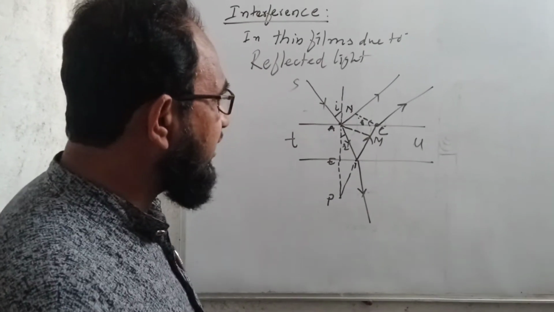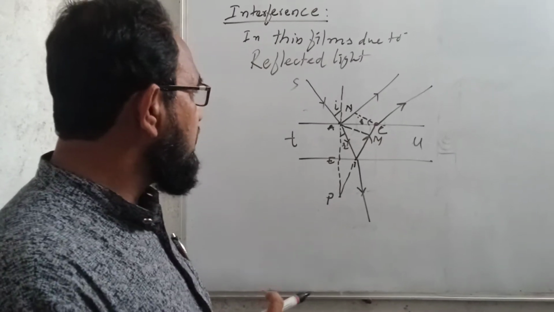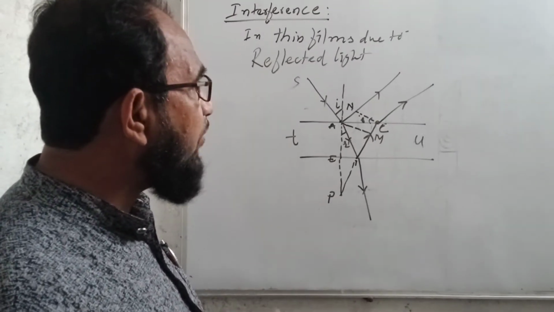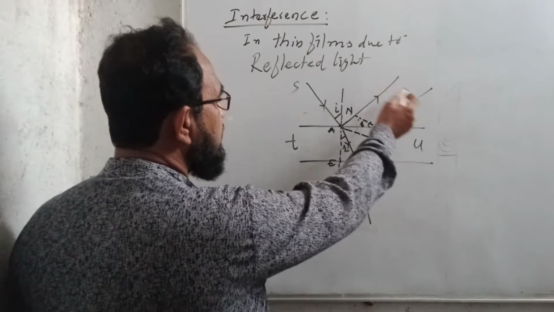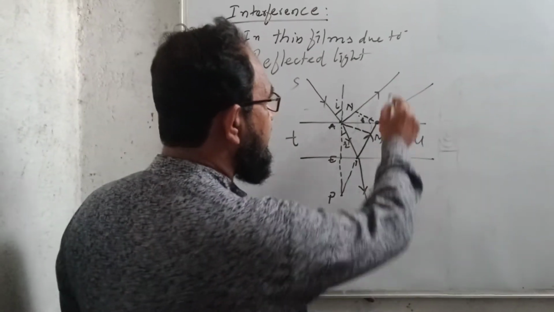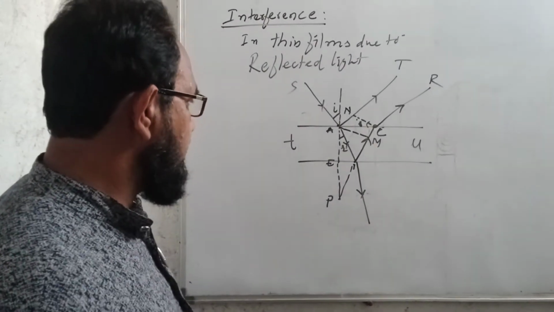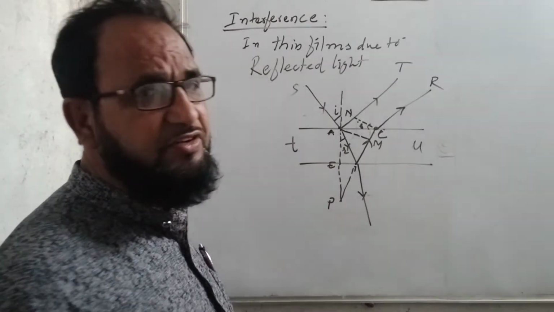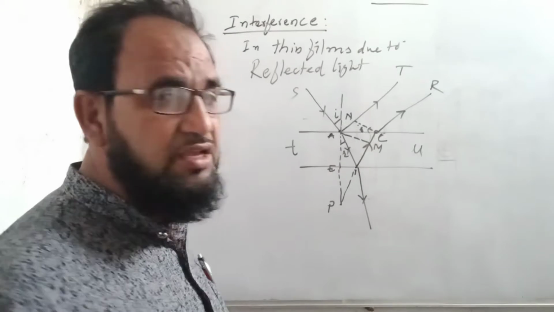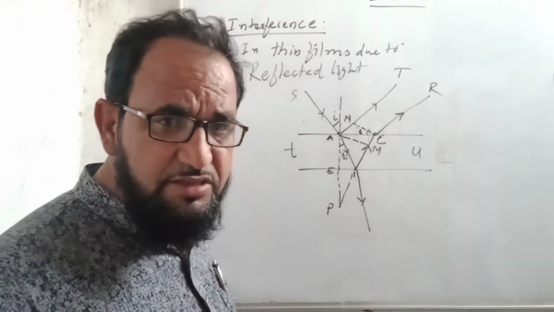In this diagram there is a certain path difference between these two rays, between ray T and R. We will calculate that path difference.